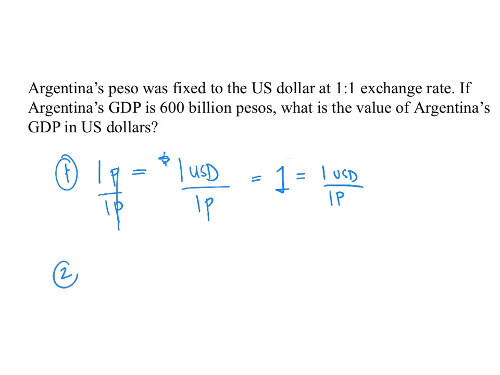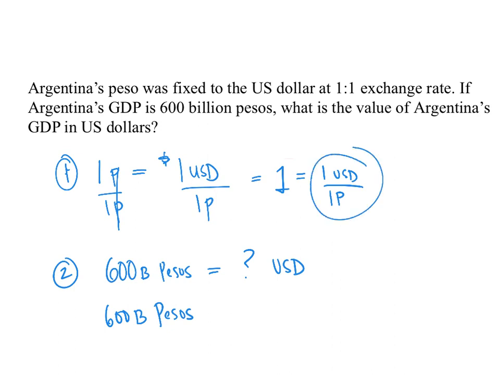Now I can take the second step: I've got 600 billion pesos equals how many US dollars. So we go 600 billion pesos and I can simply multiply it by this 1 US dollar per 1 peso, because really I'm just multiplying by 1, right?